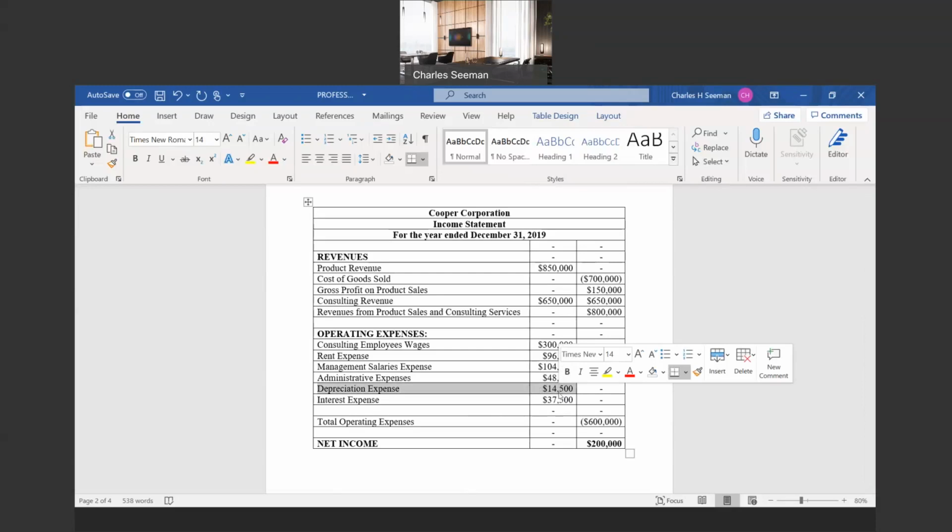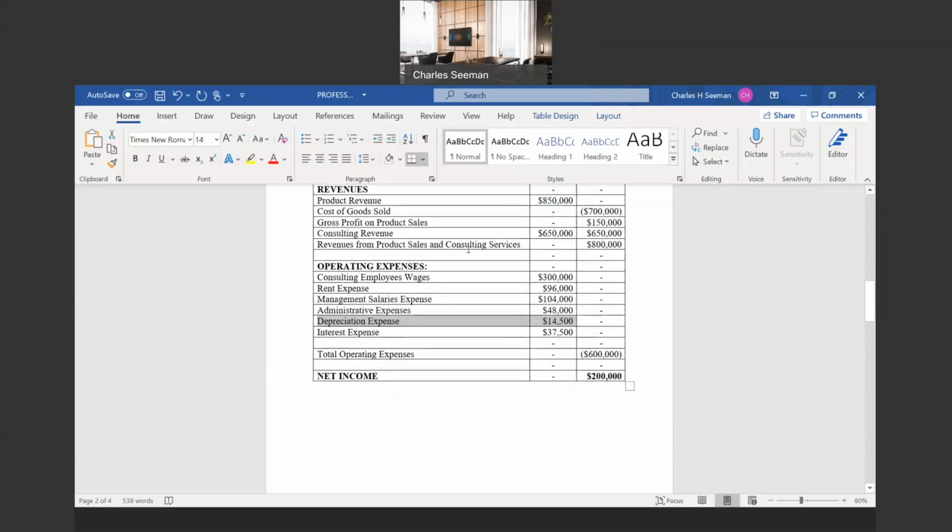So that is called a non-cash expense. Since it didn't involve any cash and it was subtracted out against revenues, see it's in this number, we took the 800,000 and subtracted the 600,000, of which the 14.5 of depreciation is included in. We have to add it back.